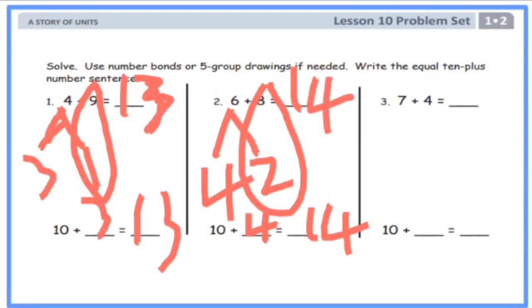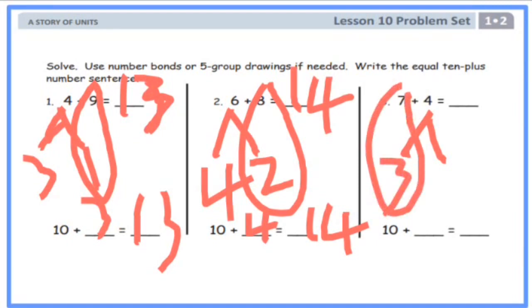And the last, 7 plus 4 equals dash. I'll put my number bond under 4 as usual because it is the smaller number. So I will need 3 to make 10 with 7. What will be left from my 4? 1. So that gives us 10 plus 1 equals 11. So my answer here becomes 11. So sweet and simple. Did you understand that?